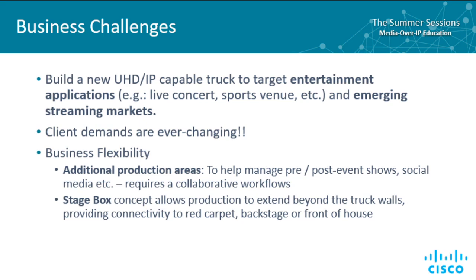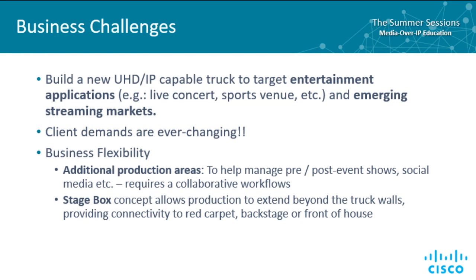And as you can see, as the business was expanding, what AMV wanted to do was build a fully 4K UHD capable OB van to target events such as sports games, concerts, and even emerging streaming services like Amazon Prime Video, Netflix, etc. As you can see, they wanted to use this OB van for a variety of use cases.